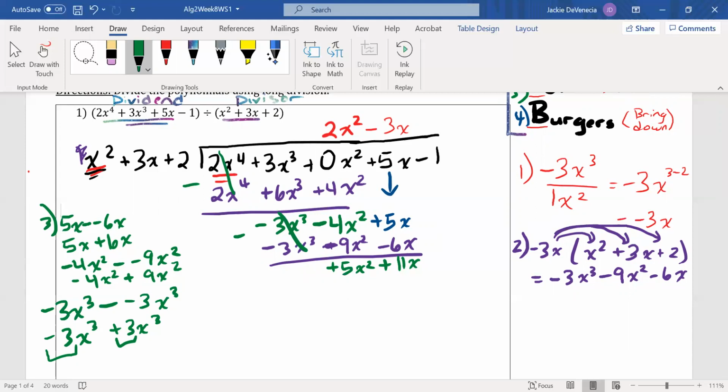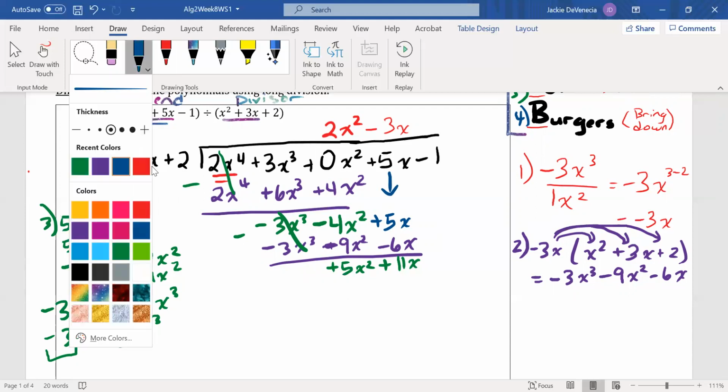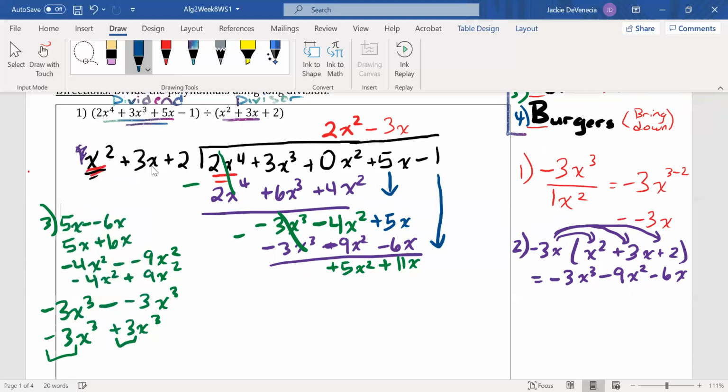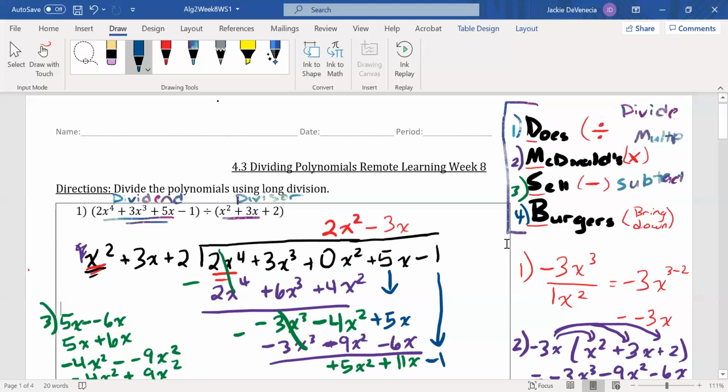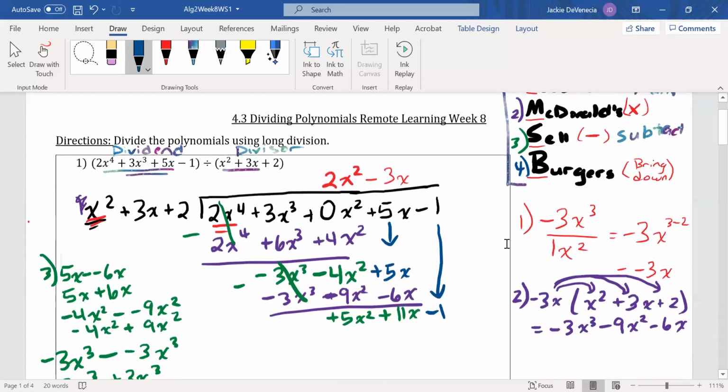All right, so we're up to here, and now we're up to our fourth step, which is just bring down our burgers. We're bringing down this. Okay, good. Just like before, we're going to go through the same process until we have nothing left to bring down.